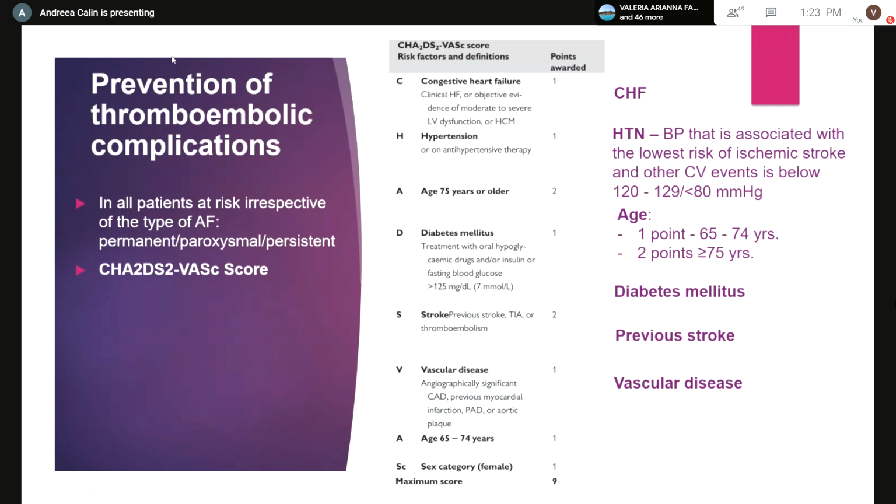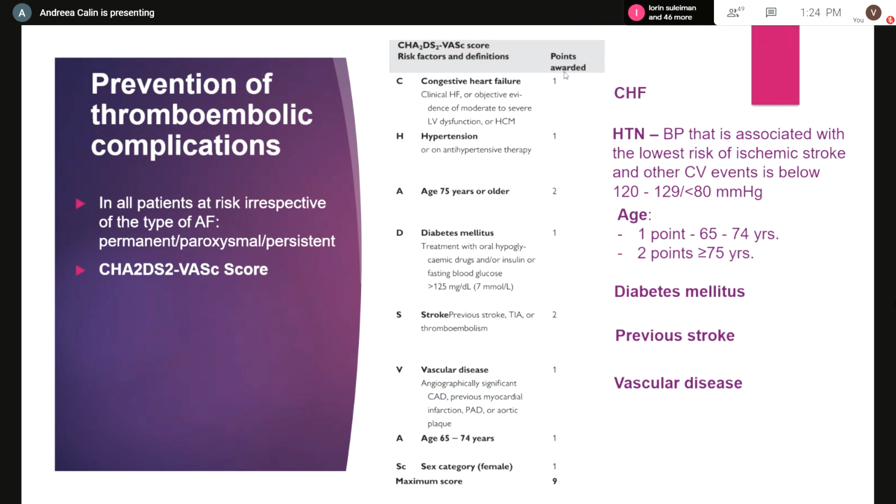To prevent the thromboembolic complications, in all patients we should check the risk, irrespective of the type of AF. Even if the patient has a paroxysmal, persistent, or permanent atrial fibrillation, we should check the CHA2DS2-VASc score. This is depicted here in this table.